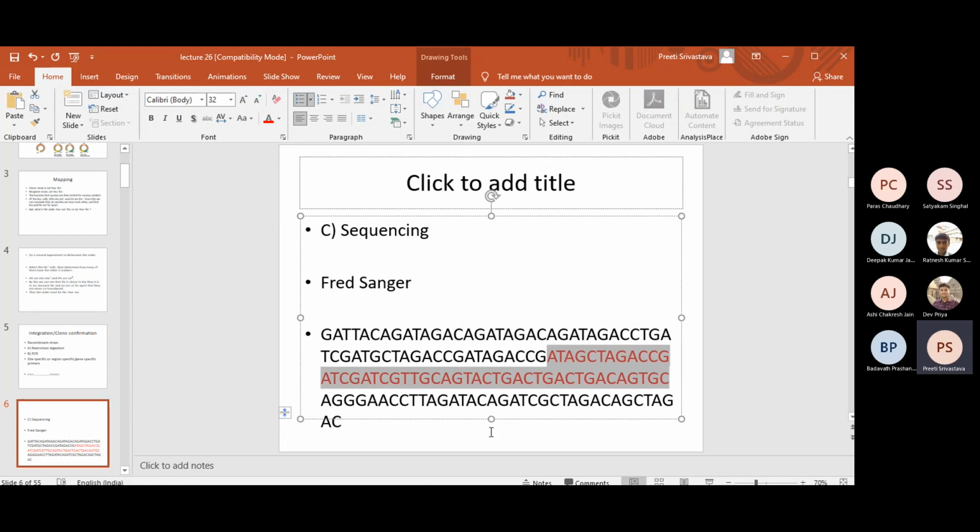So this is host. The red sequence is the one which has been integrated either by conjugation or by using a non-replicative plasmid by transformation or by transduction, P1 transduction, and it has integrated, correct?